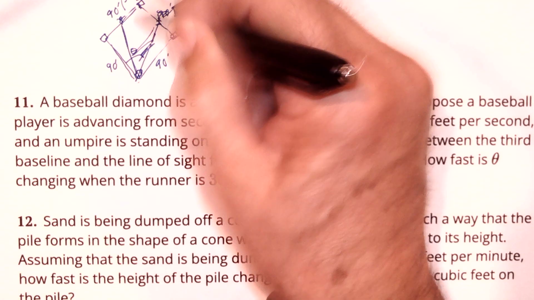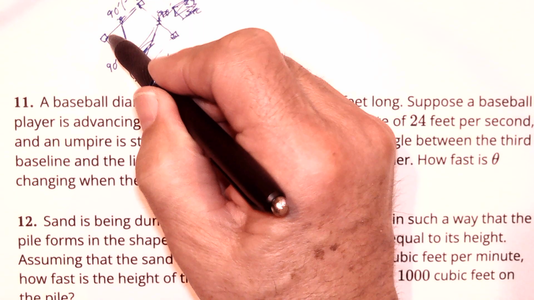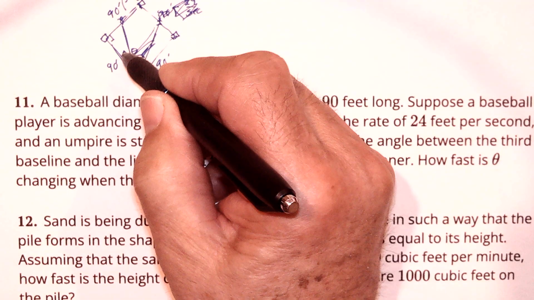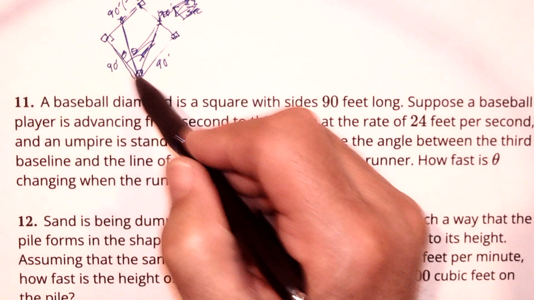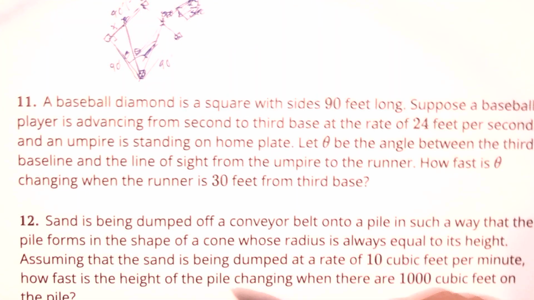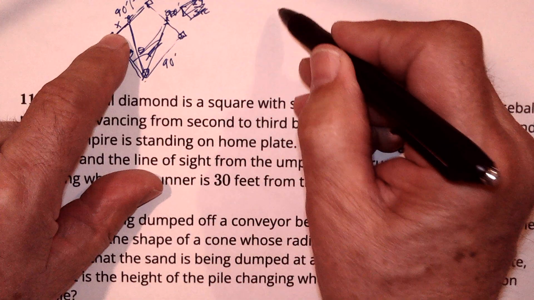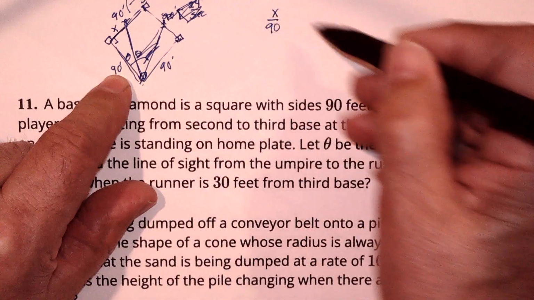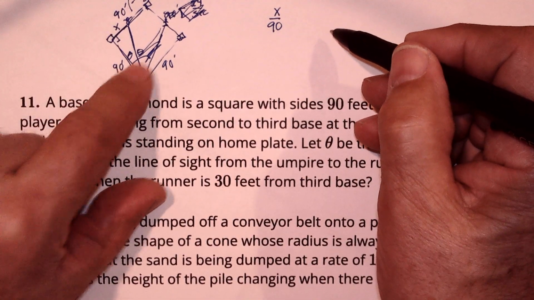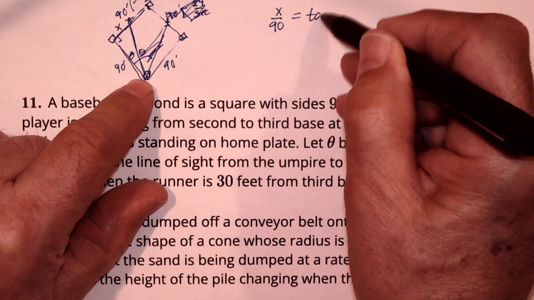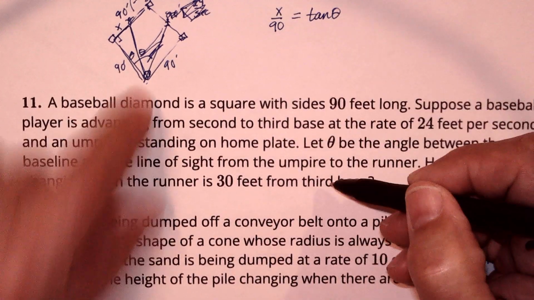This is a right triangle. The angle is here. And if this is 90 and this is what's changing, we're going to call it x. x over 90 is the opposite over adjacent, the tangent of the angle.